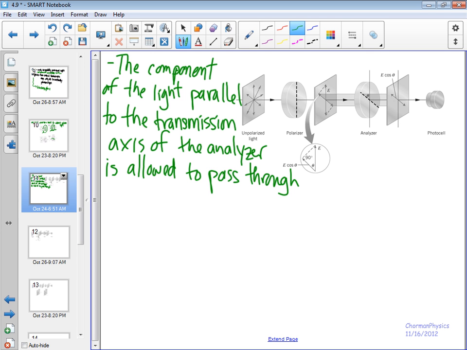What this is saying is, like before, we've got to consider that these waves have components in different directions, and that energy does get through.